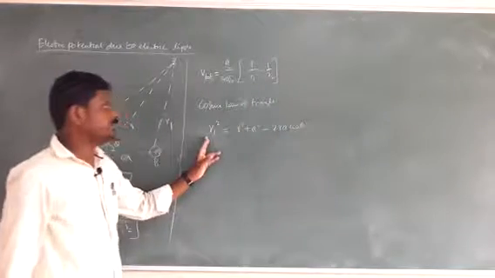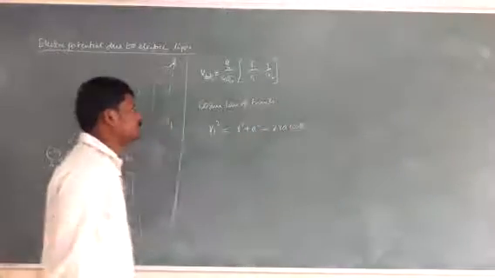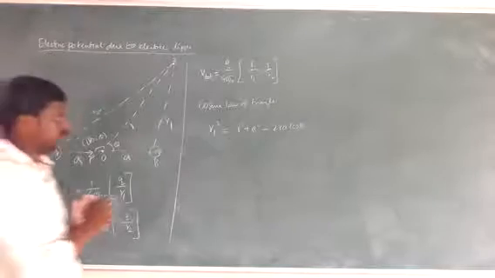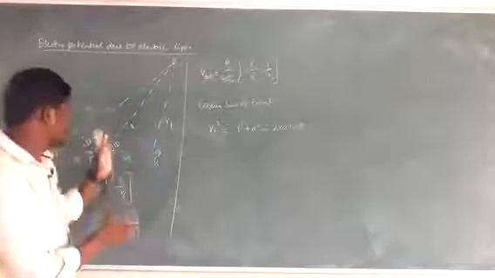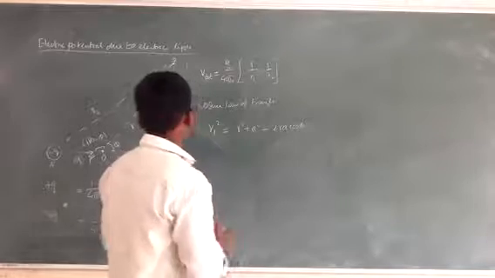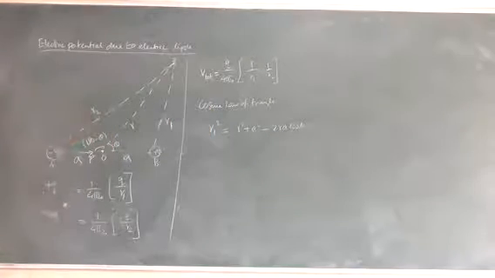The formula is c squared equal to a squared plus b squared minus 2ab cos theta. Instead we are using some changes, making it the same as the diagram. So r squared plus a squared minus 2ra cos theta.